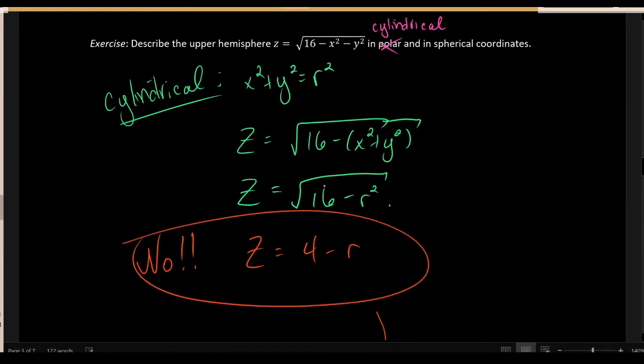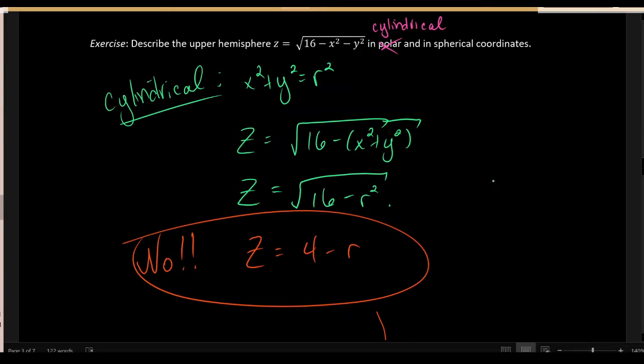Please be careful. I see this error quite a bit when folks are getting a little bit stressed in Calc 3 and 4. I think that this is what people do when they're under pressure. They make this mistake of trying to take the square root of two individual terms underneath a radical symbol.